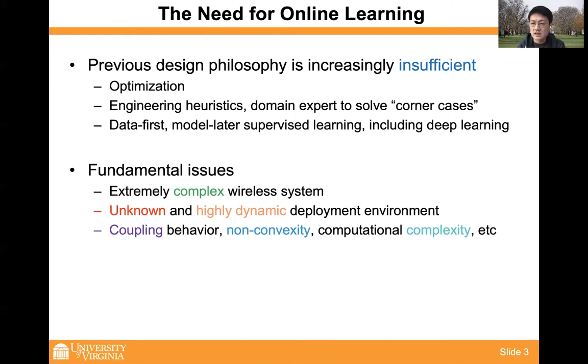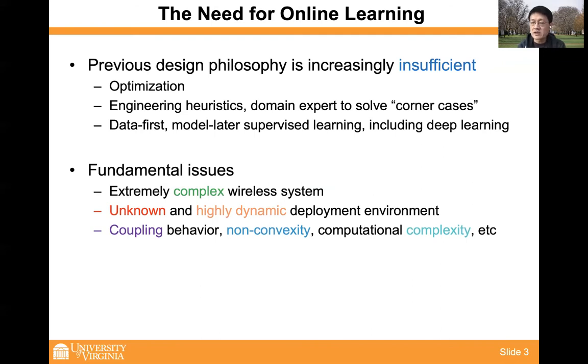The second is something that is often used in industry, which is engineering heuristics. And this is mostly done by the domain expert of the network who knows the inside out of how the network works. And then they can often identify certain issues, what we often call corner cases in the industry, and then try to solve these corner cases.